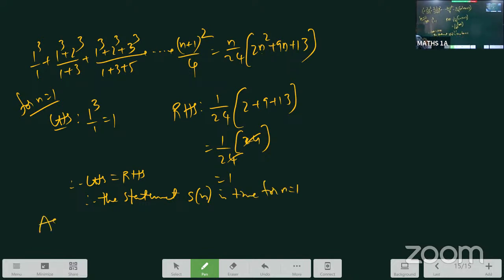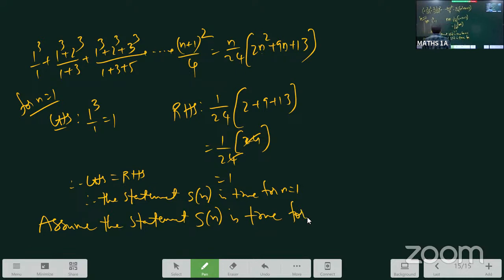Now assume the statement S of n is true for n equal to k. N equal to k means what I said: instead of n, you put k.